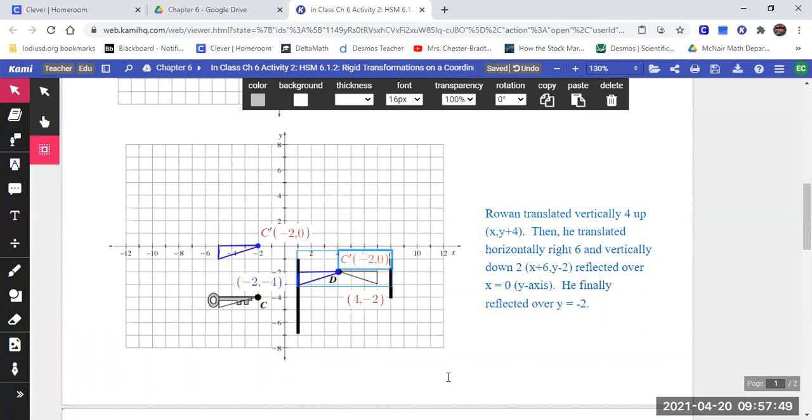Is that going to work? Is that going to work? Sliding it like that? Could we move our triangle like that?